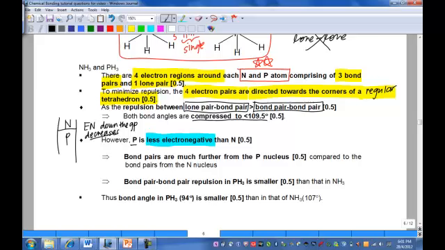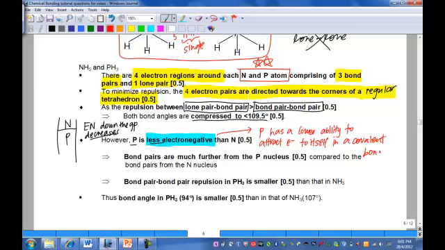So P should be less electronegative than N. And because P is less electronegative than N, that means P has a lower ability to attract electrons to itself in a covalent bond.